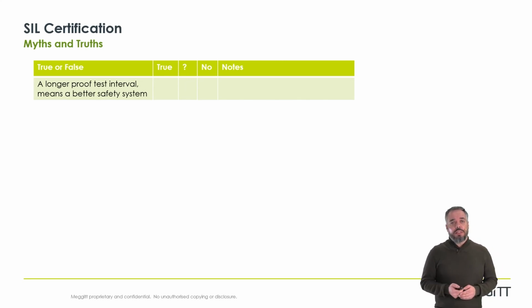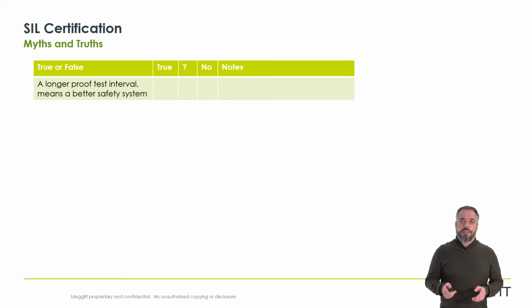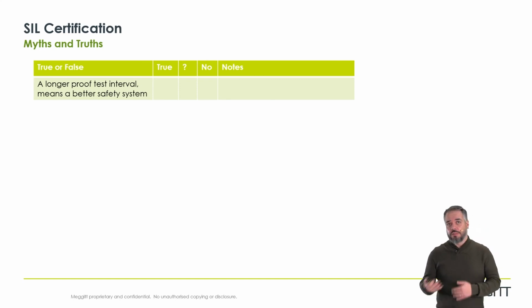But most importantly, it can also mean that we will have a higher spurious trip rate due to the fact that we will have more dangerous detected faults. So it's not an indication of a better system or a worse system alone. It's the ensemble of all the safety properties that will tell us if the system is good or not.